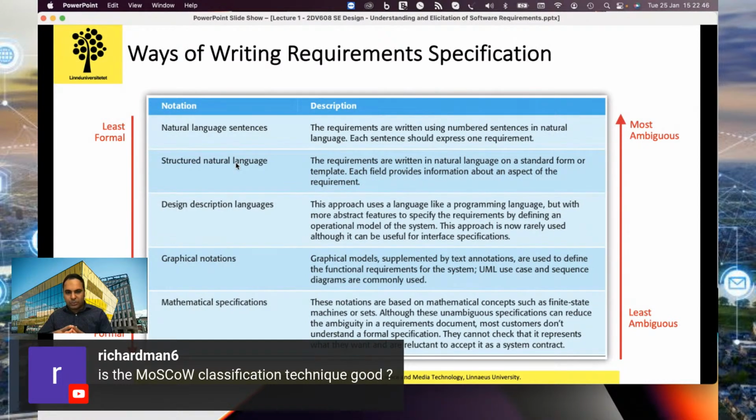But the issue here is that not everybody is an expert in all the notations. So it's the role of the requirements engineers or analysts to start from the natural language sentences, and then go down as much as possible to avoid ambiguity.